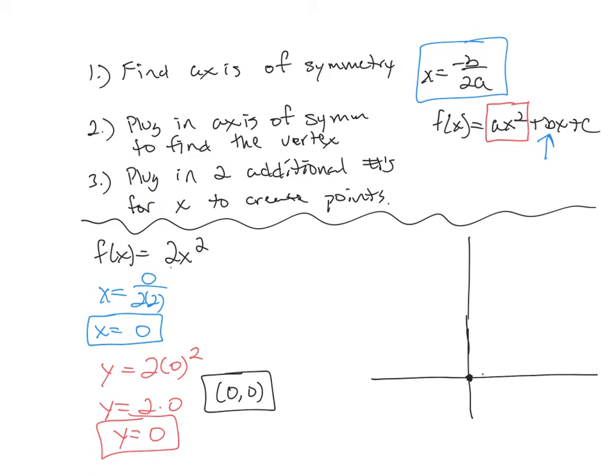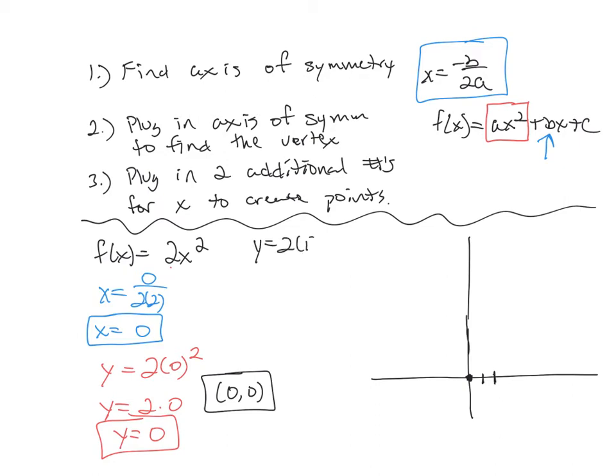So I pick the next 2 numbers either to the right or to the left. It does not matter which. I tend to go to the right because those numbers are positive, and typically that's easier. But if your vertex was over to the right already, and you could pick positive numbers that are to the left, then that's fine. But today, pretty much we're going to pick 1 and 2.